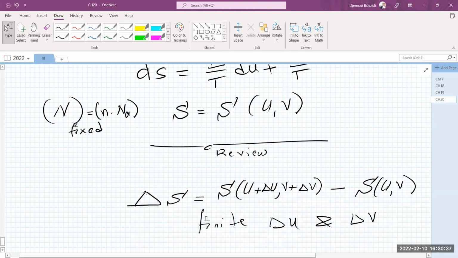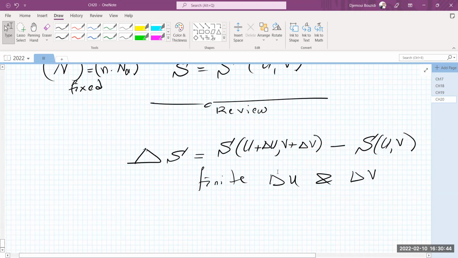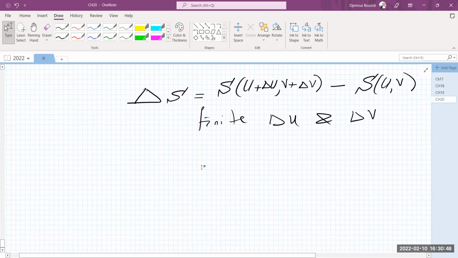Yes. Very good. So this is just calculating the change in delta S between where these two variables change, okay? So let's subtract 0 from this expression. I'm going to subtract this number, which is 0, okay?